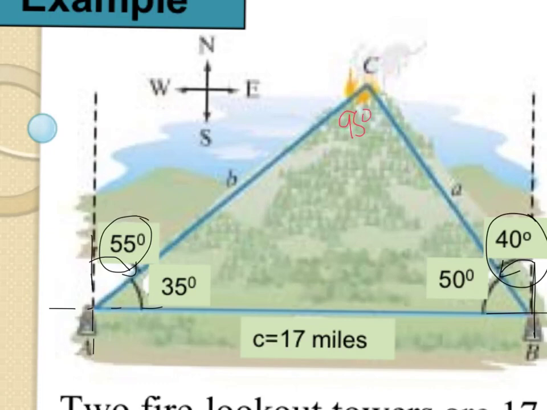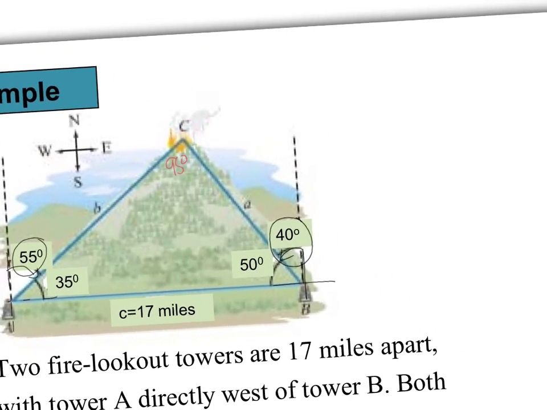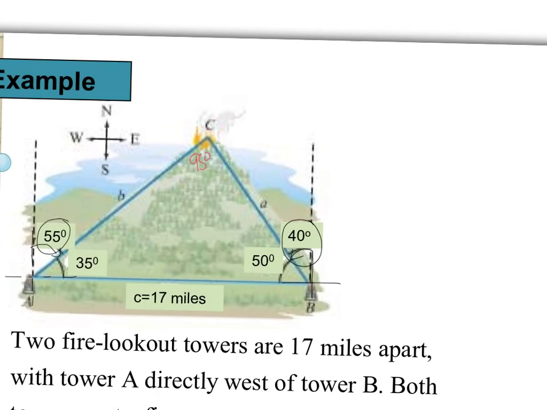Okay, and now let's set up our ratio. Again, we're interested in little b. B over sine of 50 degrees equals the complete ratio C over sine 95.